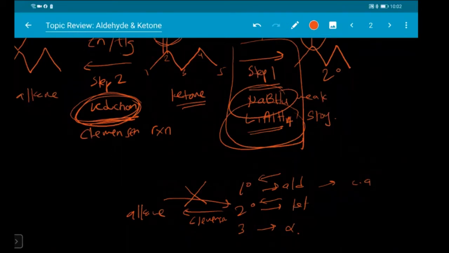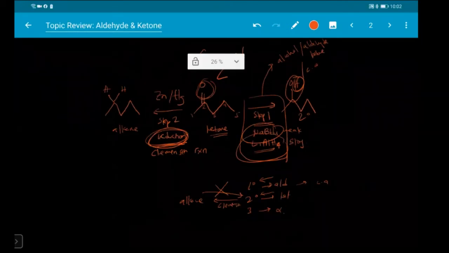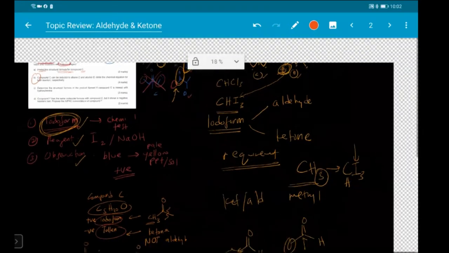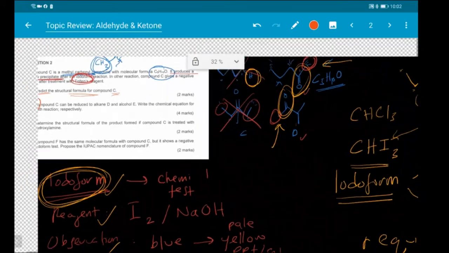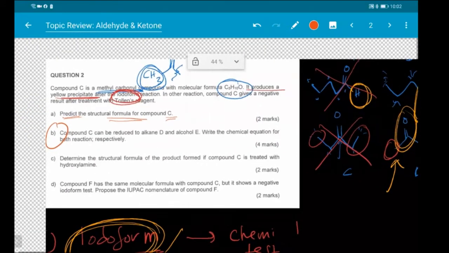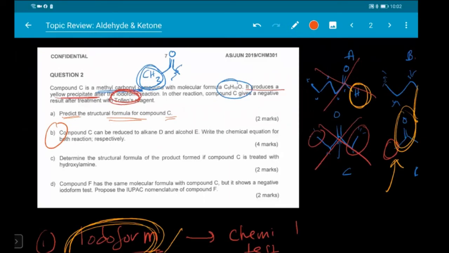Boleh kita teruskan? Okay, dah pukul 10 ni. Boleh kita teruskan?